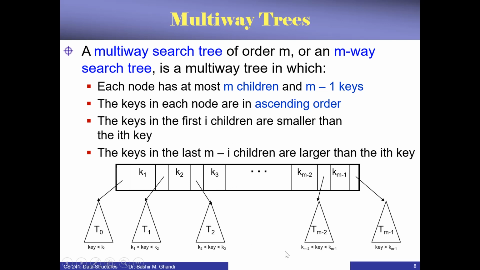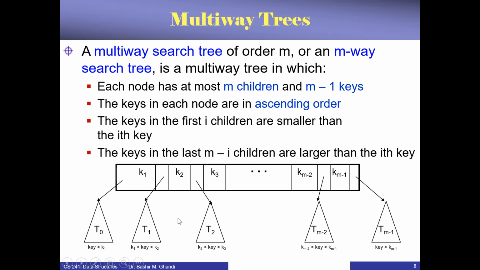So all the data here will be larger than key 2. And the process is repeated for the other keys. So for example, for K1 here, the elements in T0 are going to be less than K1, and the elements in T1 and so on until the end are all larger than K1, and so on and so forth.